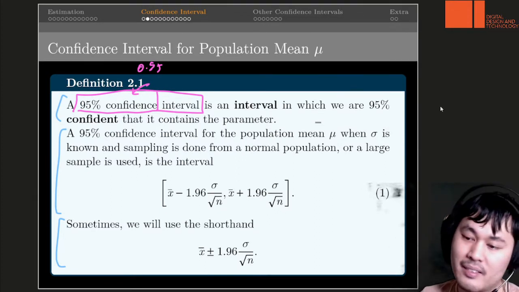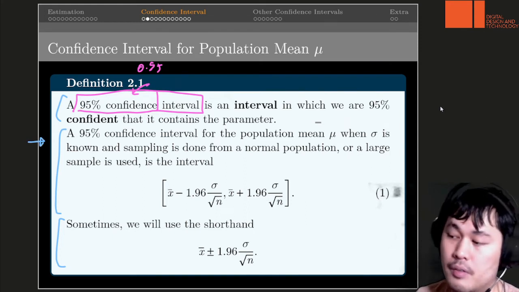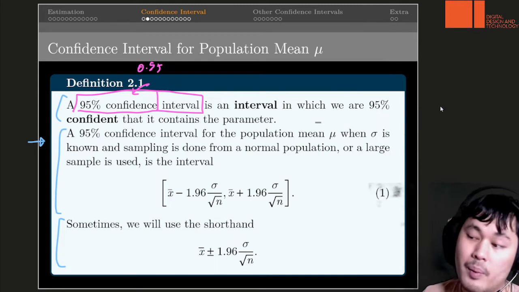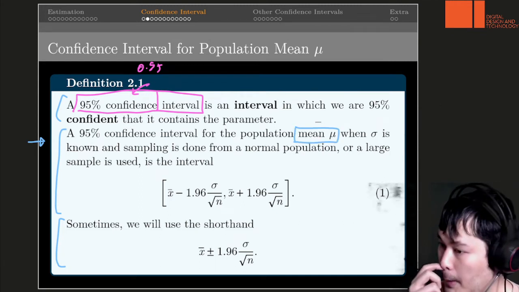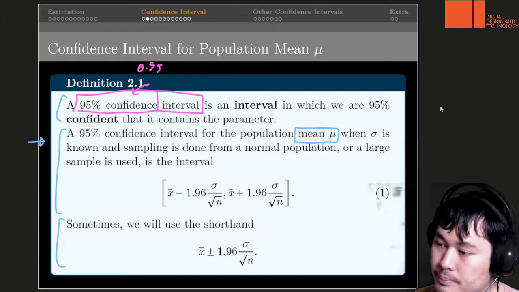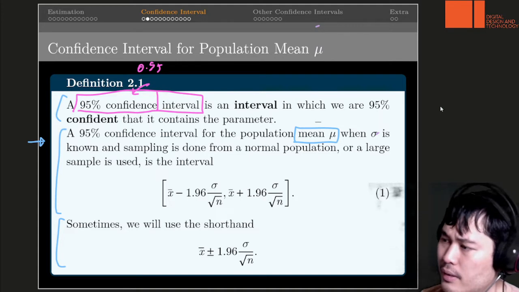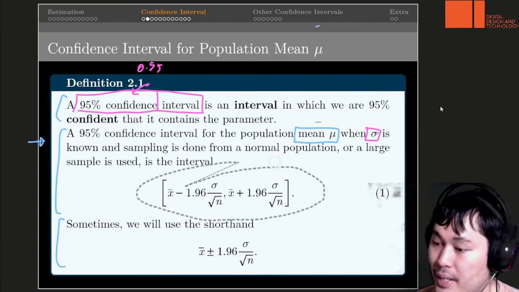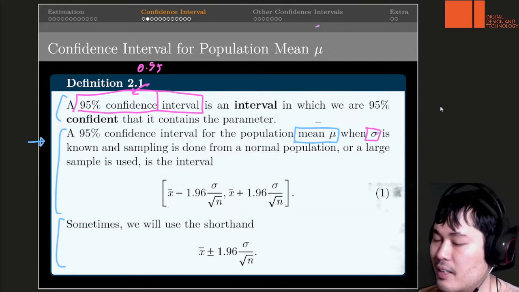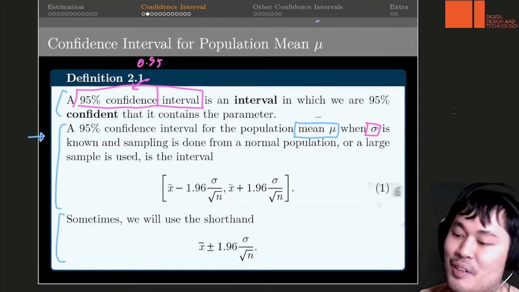And in practice, to compute or to generate that 95% confidence interval for the population with mean mu, that's the average, and sigma, the standard deviation, it can be computed by using this formula. And at first, I know it's a badly looking formula.